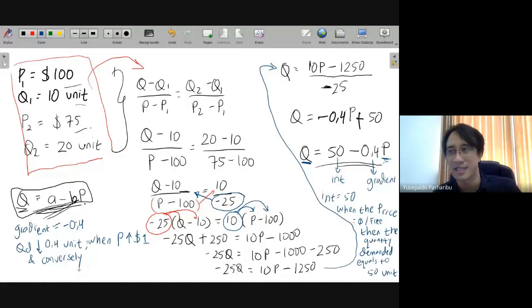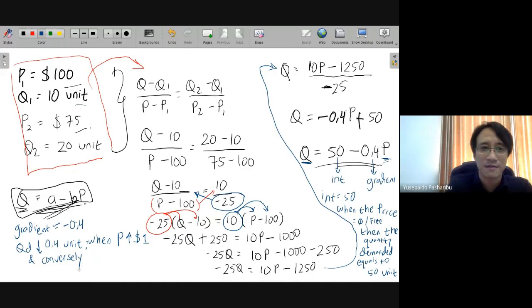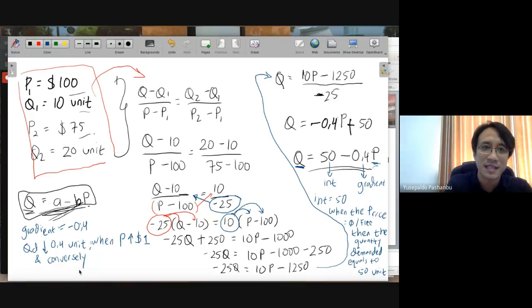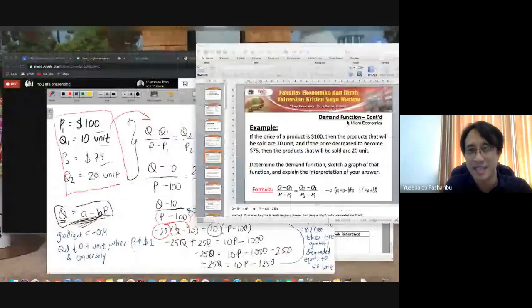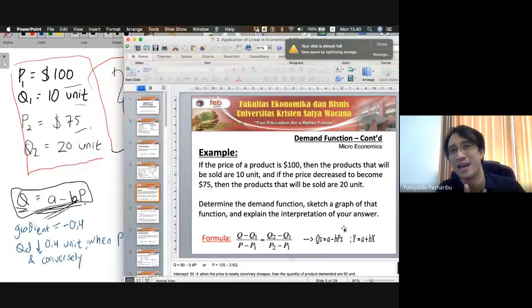Now, what else are we going to do? I think we need to sketch a graph. Sketch a graph means this case wants us to draw the graph.